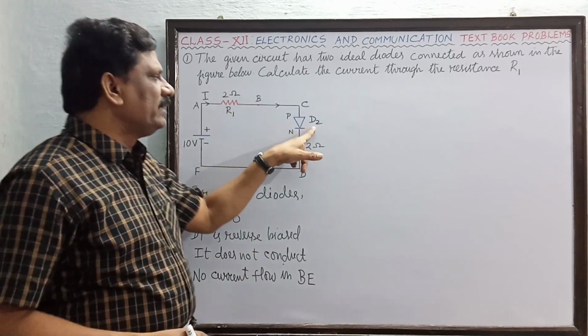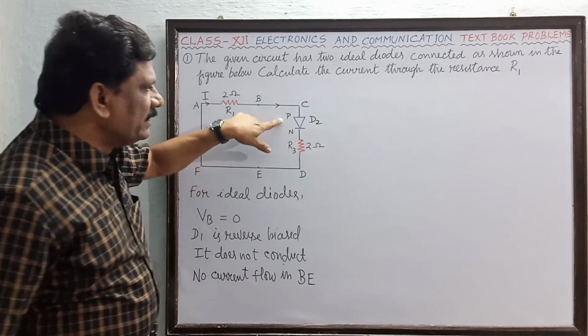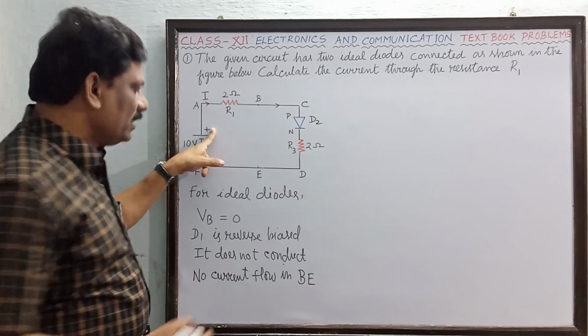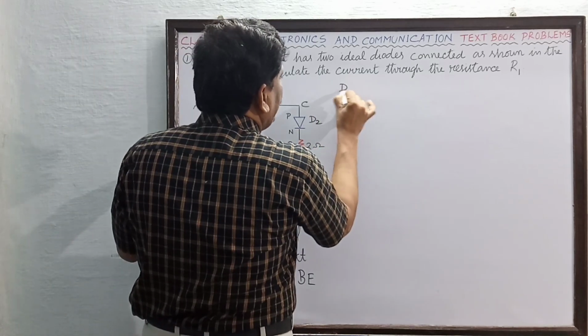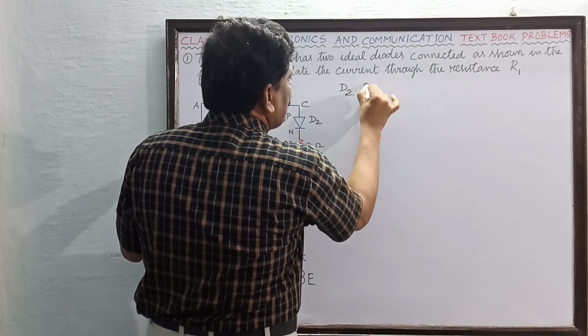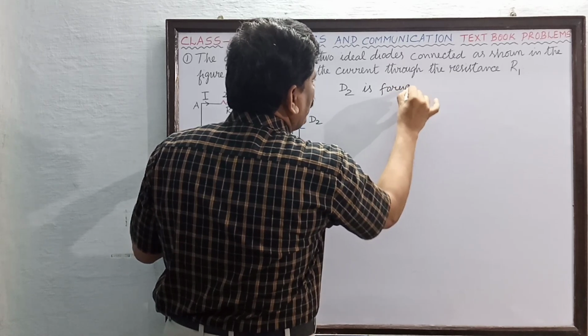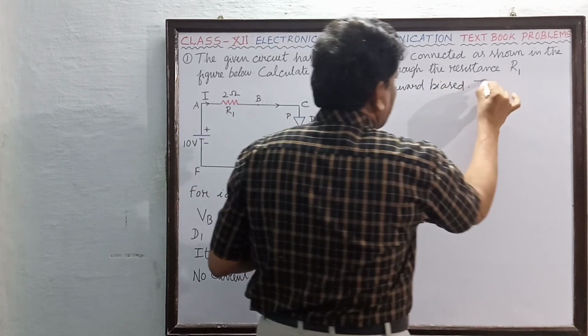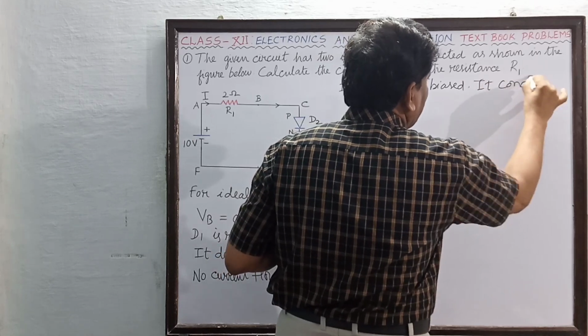Okay children, now you see the diode D2. The P region of the diode D2 is connected to the positive of the battery. So the diode D2 is forward biased, and hence it conducts the current.